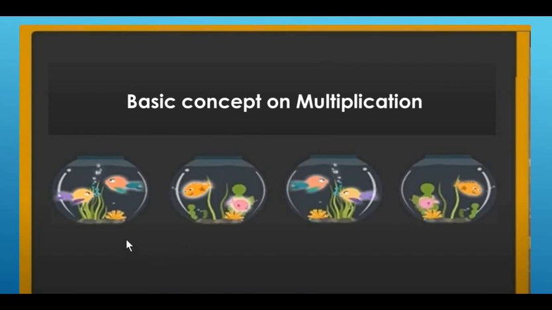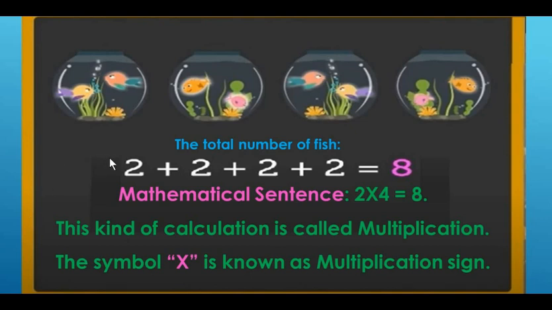Yes, to find the total number of fish, we add the number of fish in all 4 bowls. Now, let's add. 2 plus 2 plus 2 plus 2 is equal to 8. So, there are 8 fish in all.